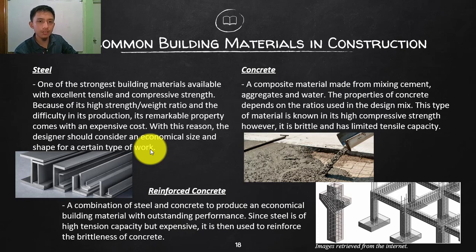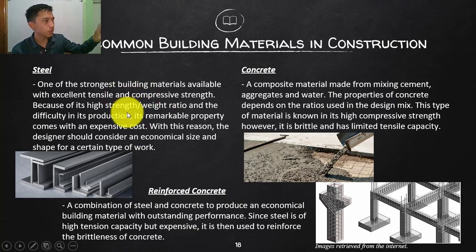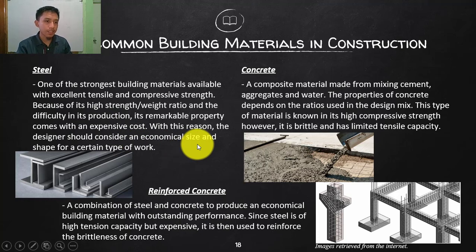Because again, as I've said, the strength to weight ratio is remarkable, that is high. So actually we do not need all of that steel just to carry this type of loading, and of course that is expensive. So economical size means the least possible amount of steel that we can use to carry this specific type of loading.